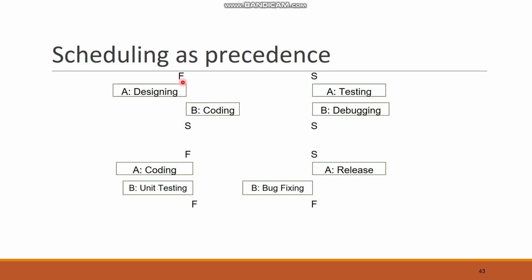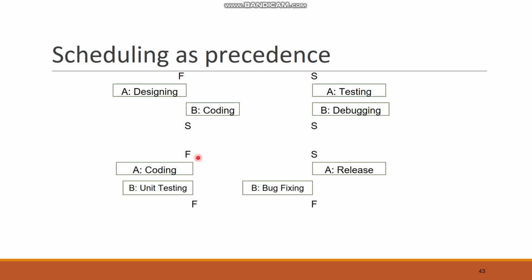If we are assigning it finish to start, then once the design is finished, you can start coding. Start to start means debugging will start when the testing starts. So debugging cannot be started unless the testing phase is achieved. For example, if you are in the coding phase, we don't do debugging. Normally, debugging is done when the testing phase is done.